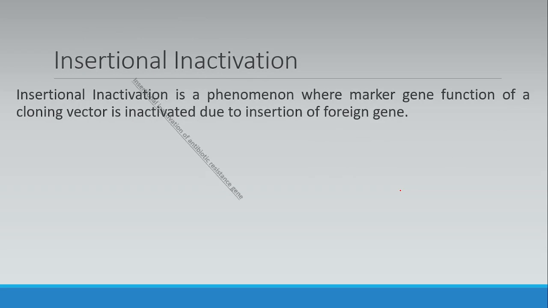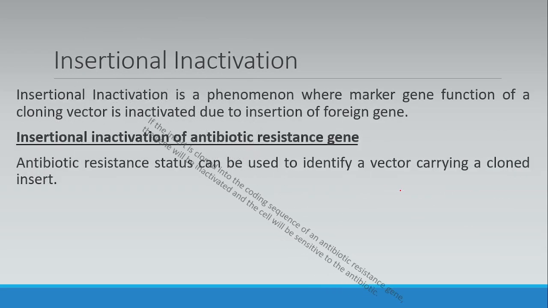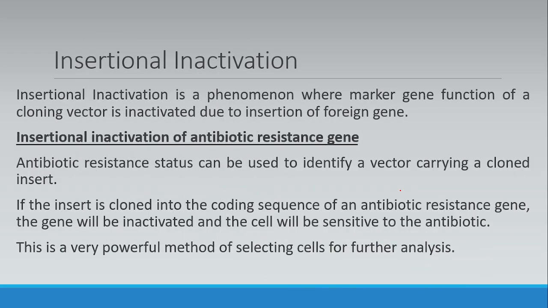Now we move on to another phenomenon, insertional inactivation. It is a phenomenon where the marker gene function of a cloning vector is inactivated due to the insertion of foreign DNA. So we'll see the insertional inactivation of various marker genes. In this case, antibiotic resistance.